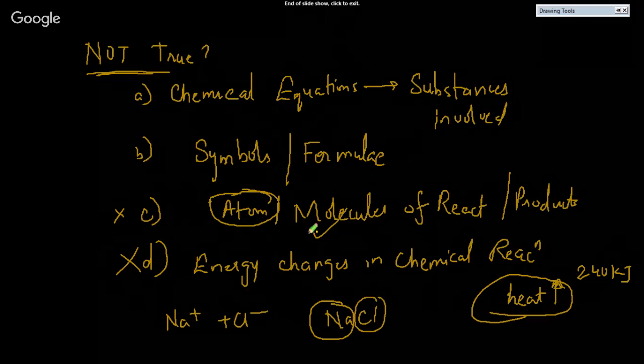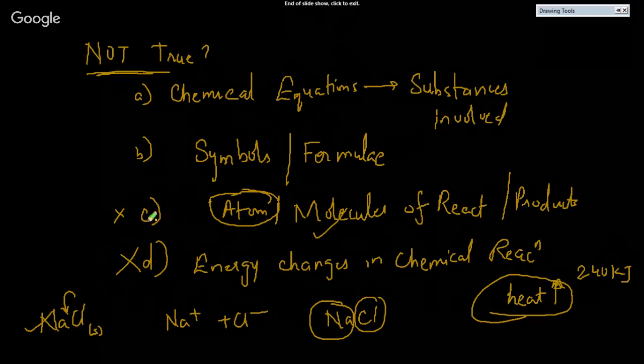So it tells us about molecules. Does it tell us about NaCl, its state, whether it was dissolved or not and what happened to it? Yes, it does tell us about molecules. But about atoms, what is happening inside the molecule, we really do not have enough idea. So the C is also not really correct.